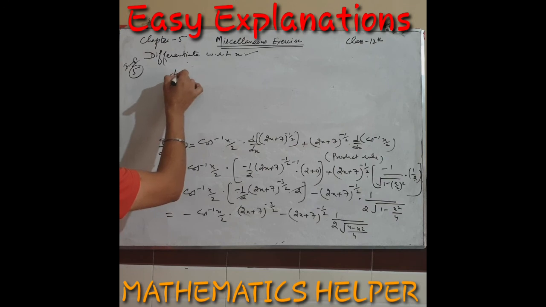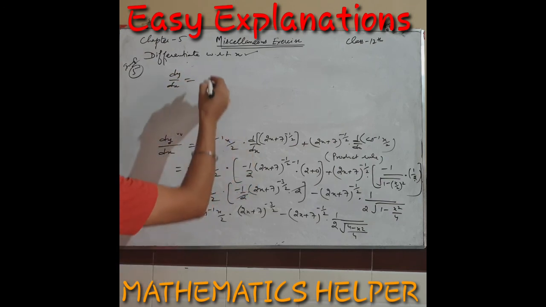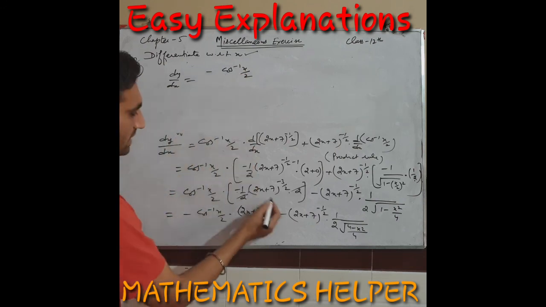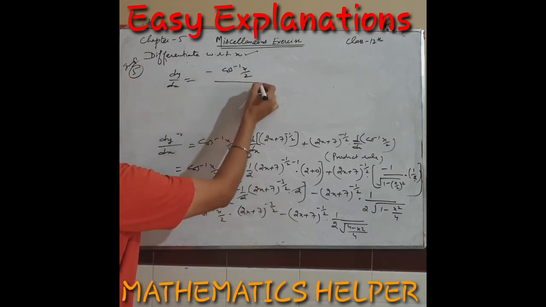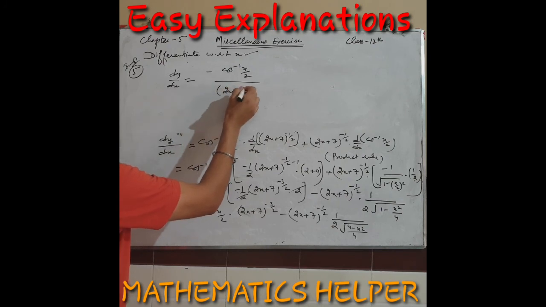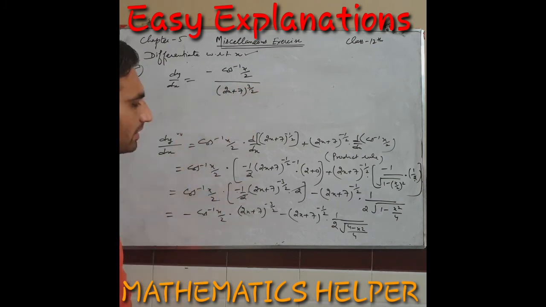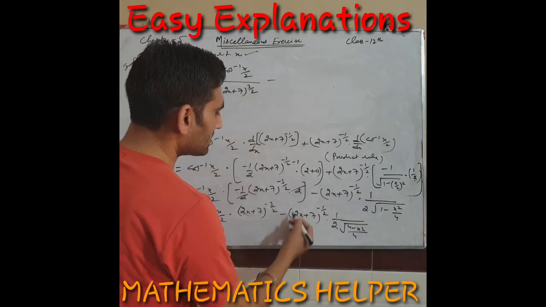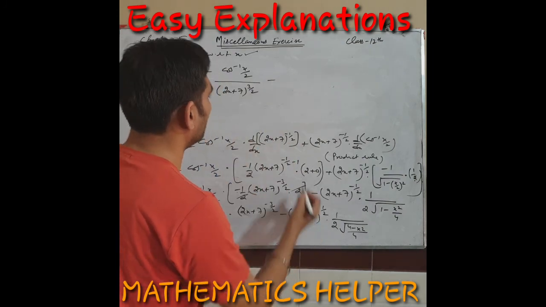So you have dy over dx equal to minus cos inverse x over 2. See, this minus 3 over 2 power we can change into 3 over 2 power in the denominator. So this will go in the denominator with positive power. Then you have minus sign and its negative power will go as positive power in the denominator.